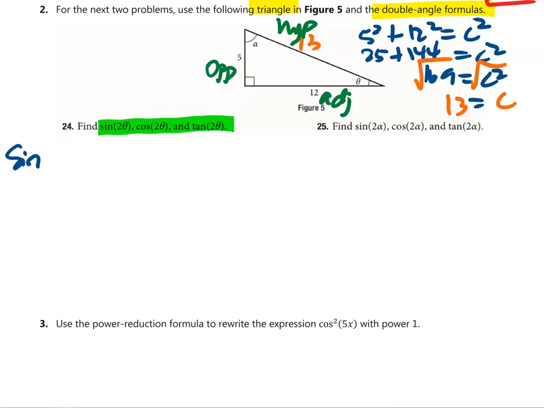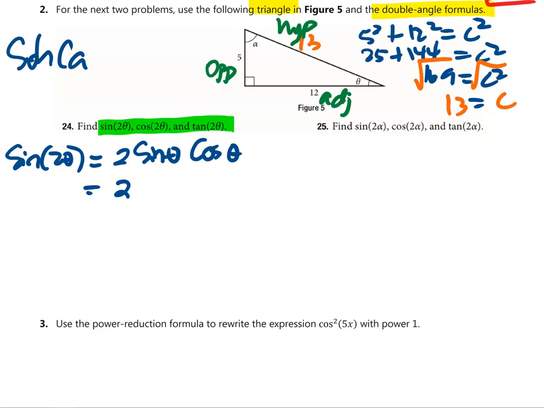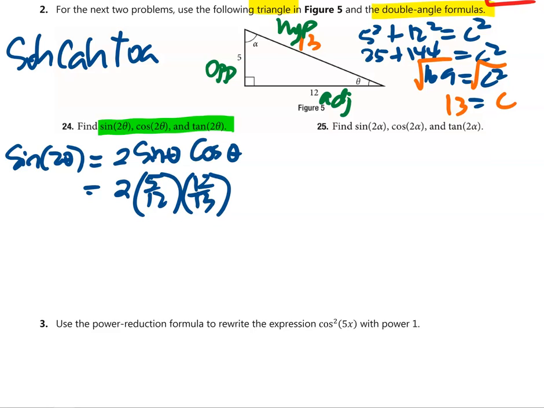So sine 2 theta is equal to 2 sine theta cosine theta, and sine theta is, SOHCAHTOA, opposite over hypotenuse, so 5/13, times cosine, adjacent over hypotenuse, 12/13.